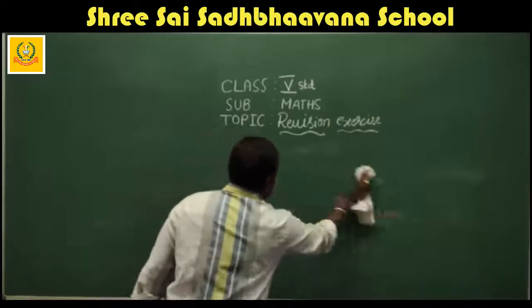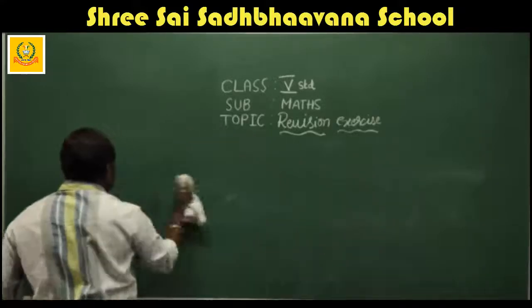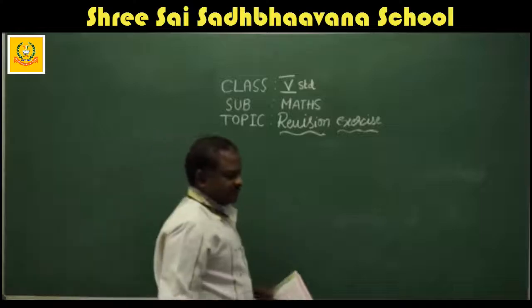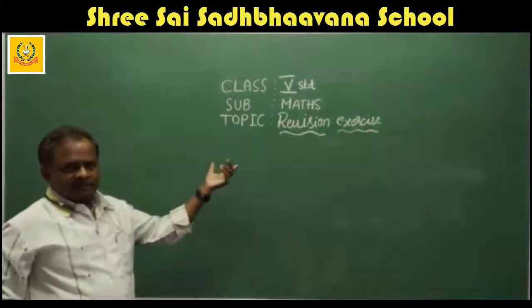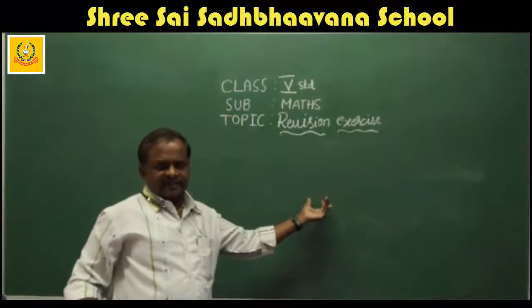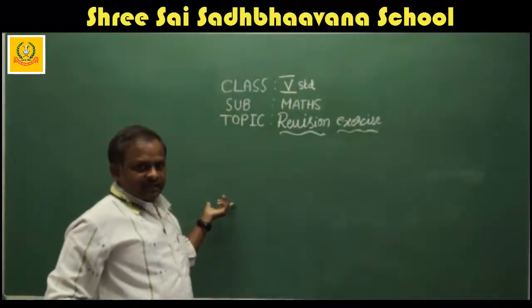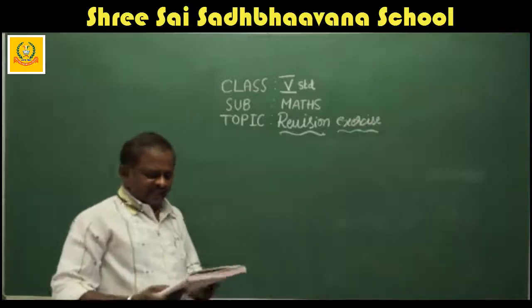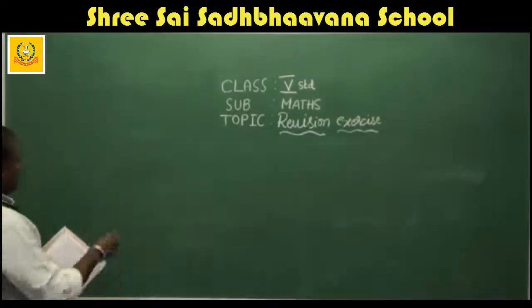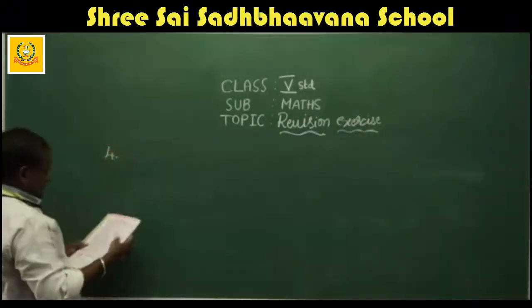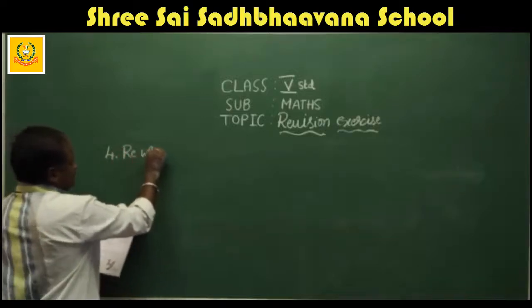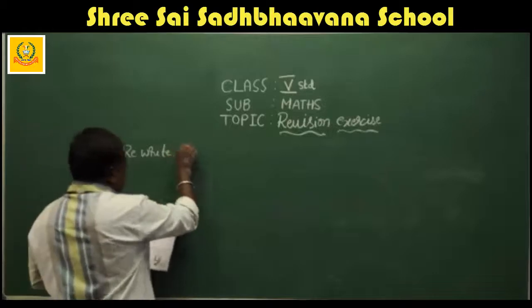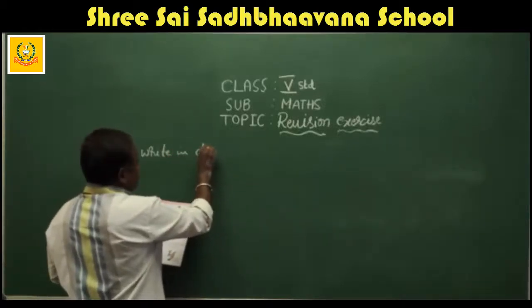What is the meaning of descending? Descending means from bigger number to smaller number. We write the numbers in order from bigger to smaller. That is called descending order.